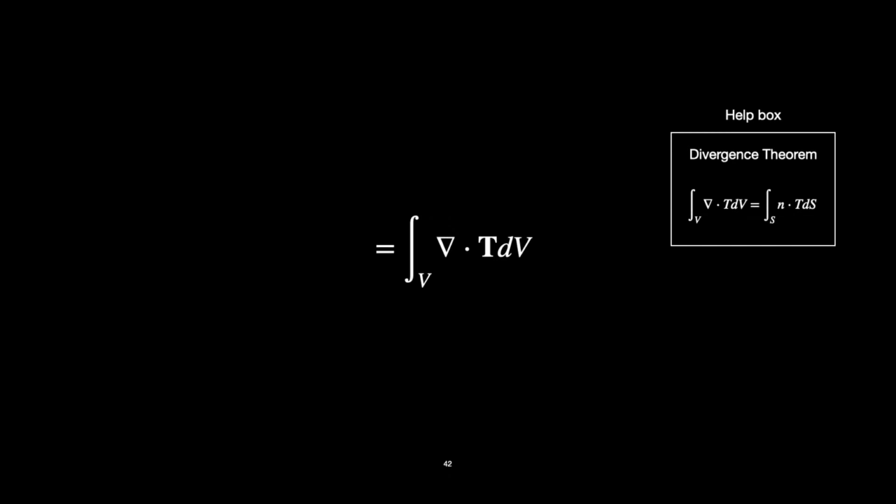The divergence of anything with respect to volume, along a volume integral, is going to be equal to the normal times that anything along the surface. That's the divergence theorem. I'm not going to go into the derivation for this. It's a really famous theorem that's taught in vector calculus. Just Google it. Go ham.